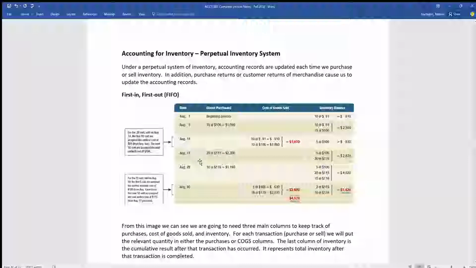On August 17th, we decide to buy 20 more at a new cost. Again, add everything out, keep them separated. August 28th, again, 10 more units, keep them separated. On August 30th, we sell, looks like 23 units. So since we're selling 23 units, we look again at the first one, which we only had 5 at 106.